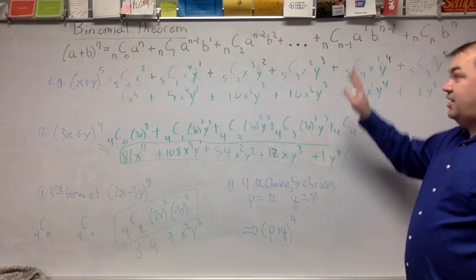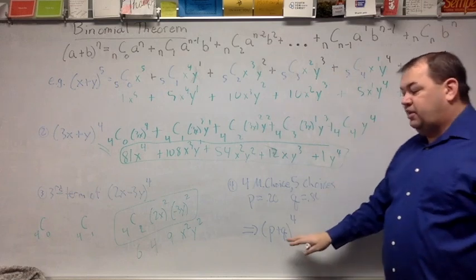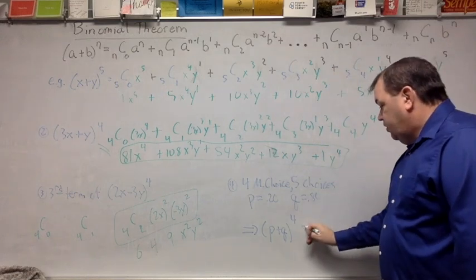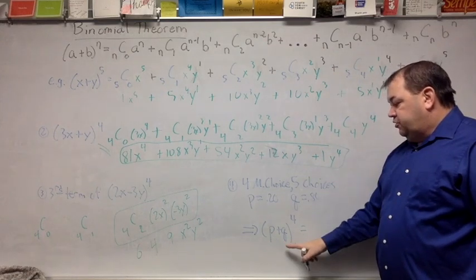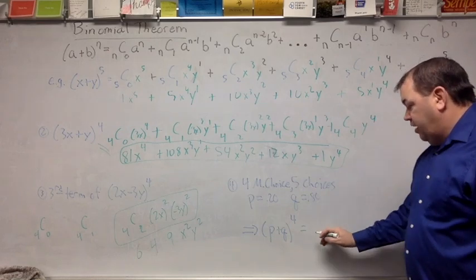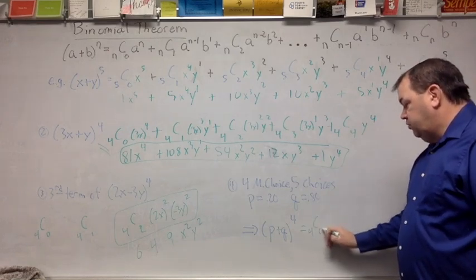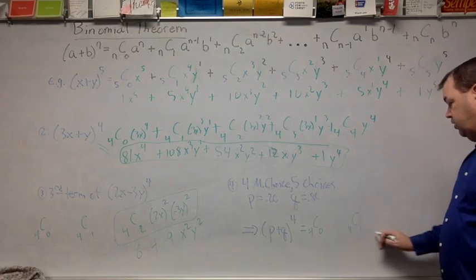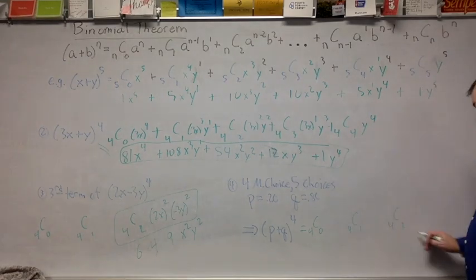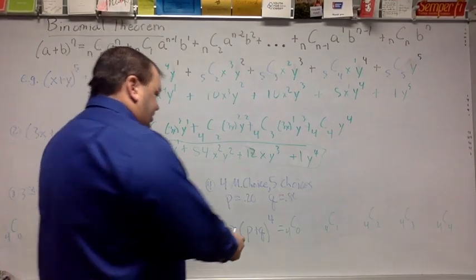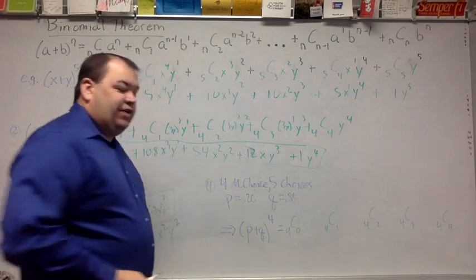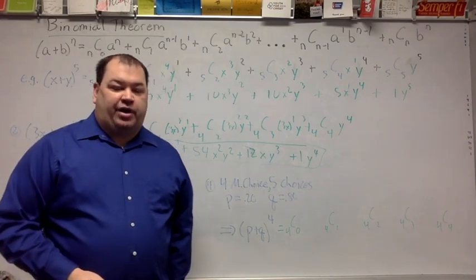So if I take this concept of a binomial theorem and apply it to what's going on here. Here's my success rate, here's my failure rate. I've got a 4 choose 0, 4 choose 1, 4 choose 2, 4 choose 3, and 4 choose 4. My success rate is 20%, 1 out of 5. One of the 5 choices is correct.